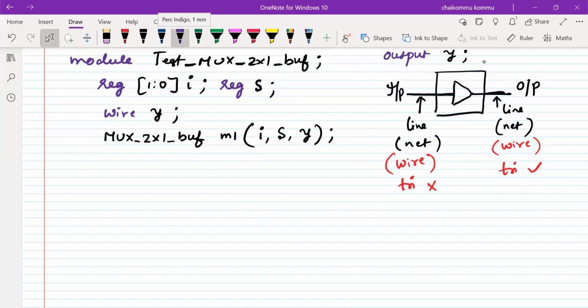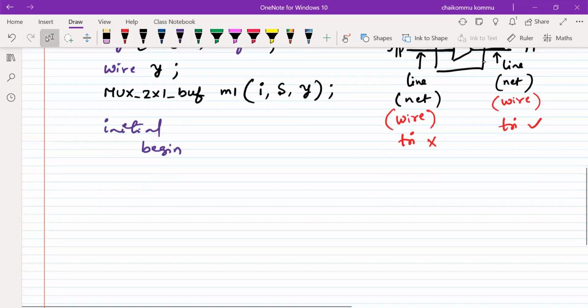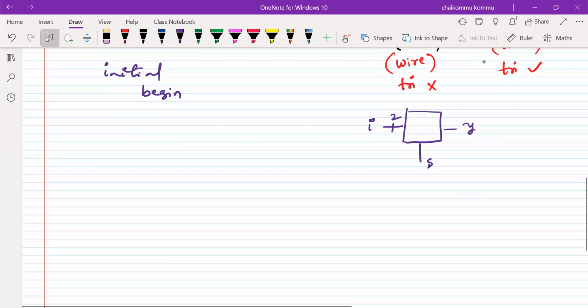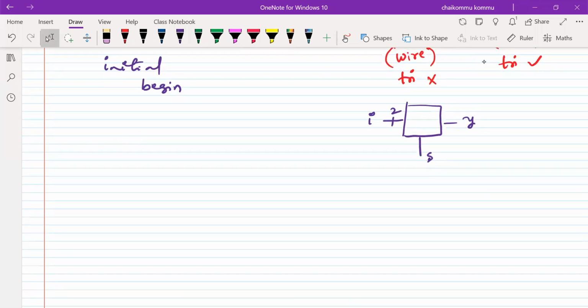Now we have to write initial. Let us begin. I have a test bench something like this. The inputs are a 2-bit input I, a 1-bit input s, and the output y. What inputs do I have to consider?